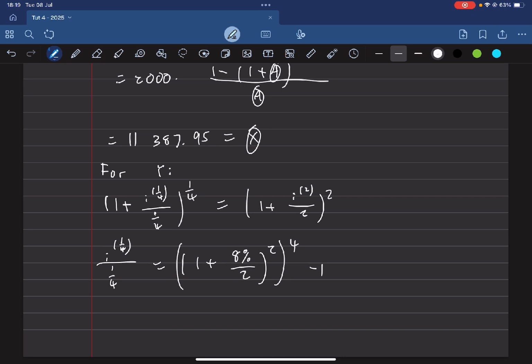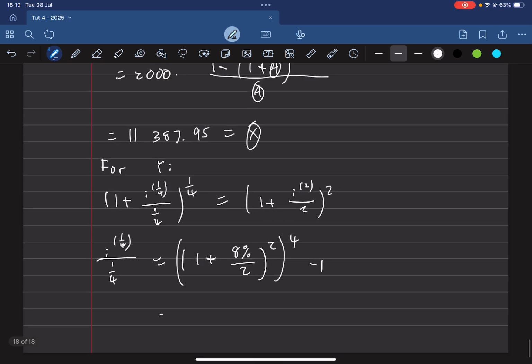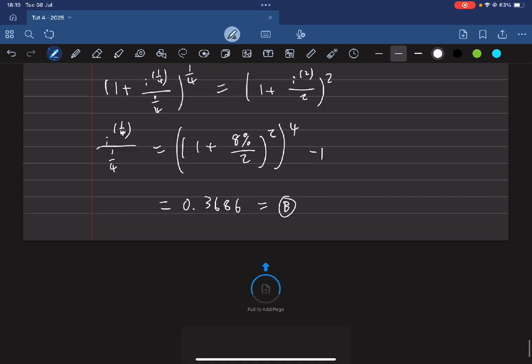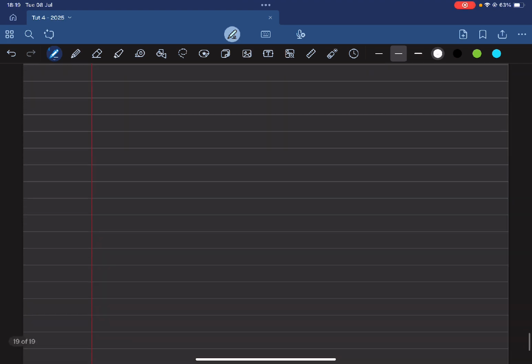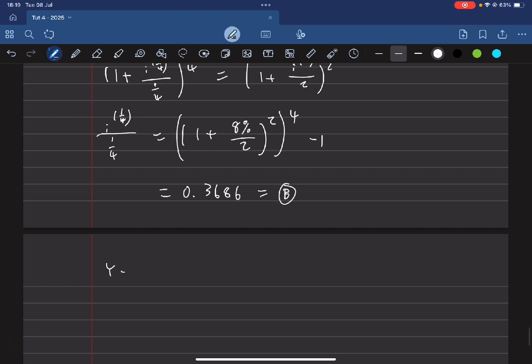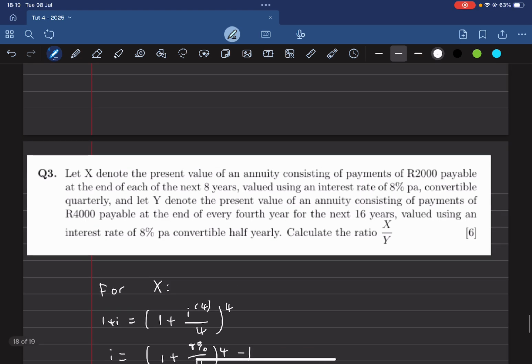And this is going to give us 0.3686, and I'll store this in my calculator as B. Cool. So now to work out Y, it's going to be 4,000, because remember we're making payments of 4,000 at the end of each fourth year for the next 16 years.